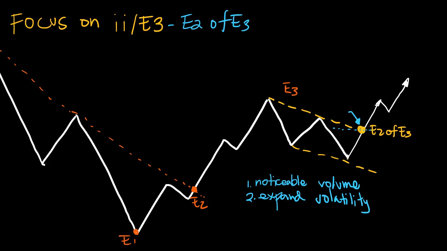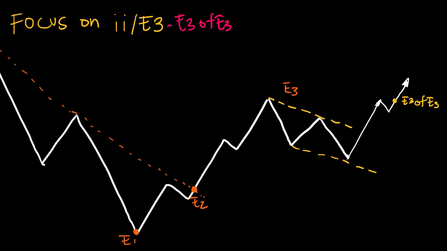Lastly, stops for the E2 of E3 are looser as compared to the E1 of E3 and are advised to be placed right at the low of E1 of E3. E3 of E3 is the final pivot towards the continuation of the wave 3 of 3.